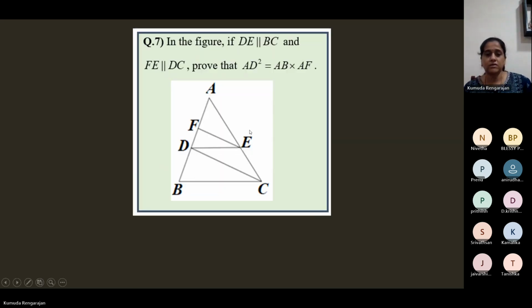Okay. So such results, see here. When will you get a result like this?